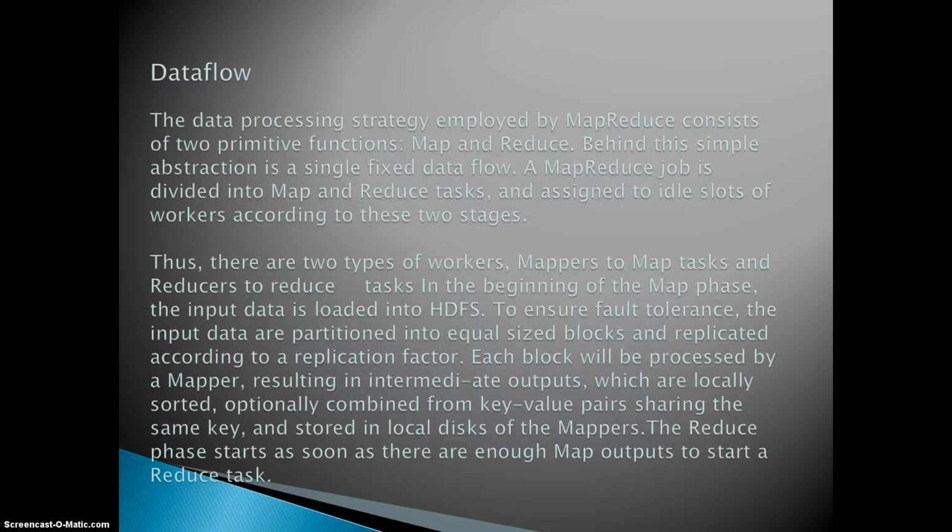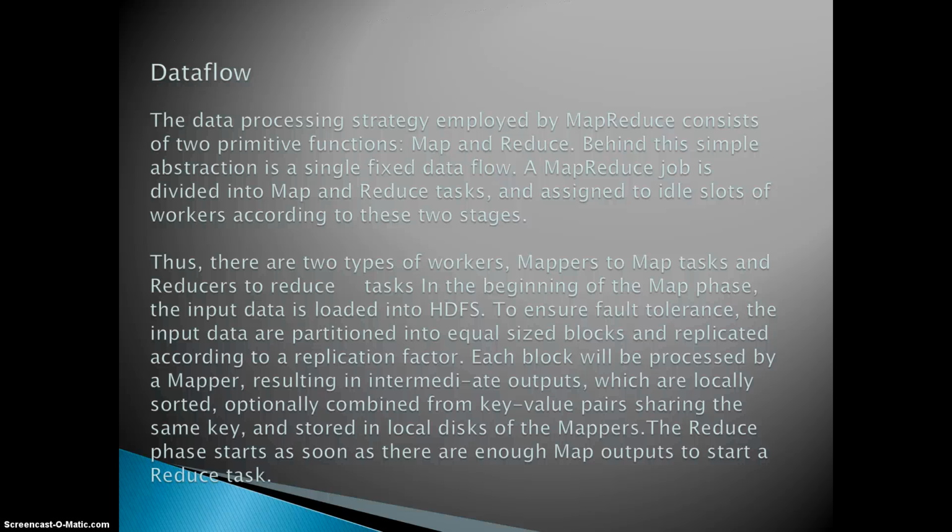Let us see about the data flow. The data processing strategy employed by MapReduce consists of two primitive functions, map and reduce. Behind this simple abstraction, tasks have to be assigned to idle slots of workers according to these two strategies. Thus, there are two types of workers: mappers to map tasks and reducers to reduce tasks. In the beginning of the map phase, the input data is loaded into HDFS.